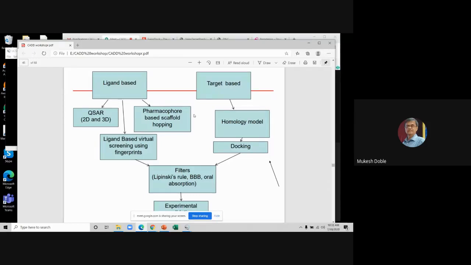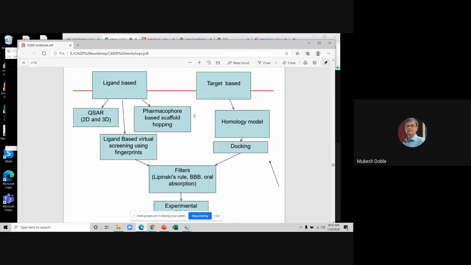And on top of that, you should have some idea about the active site, and that also takes a very long time. We can't just blindly assume any pocket as the active site. So that also is a time-consuming process.